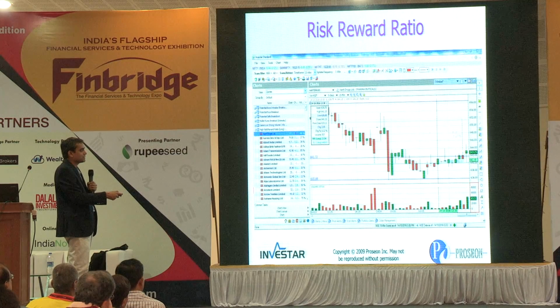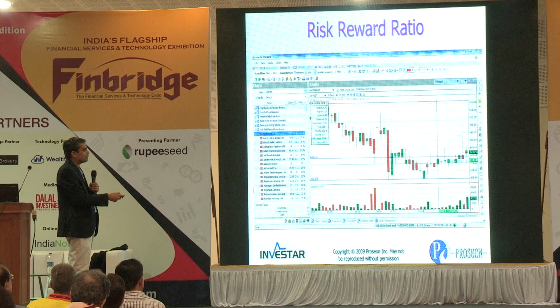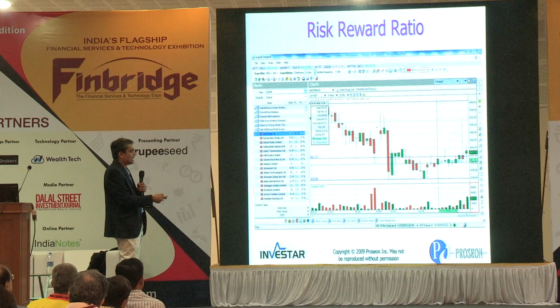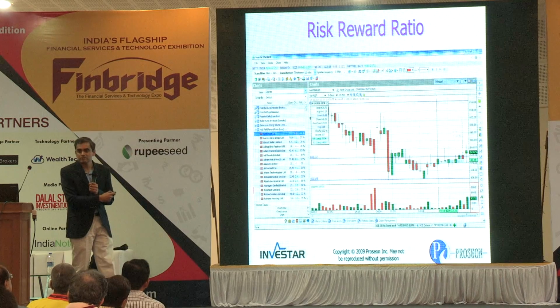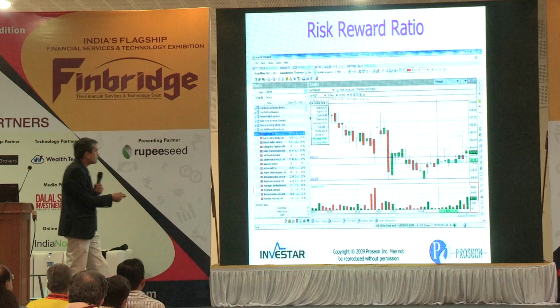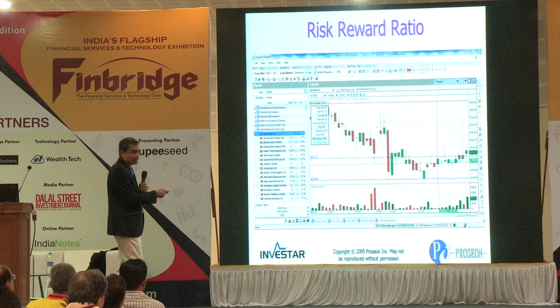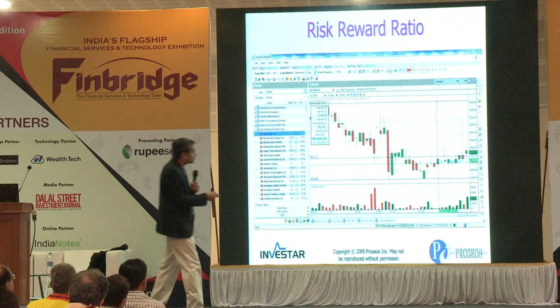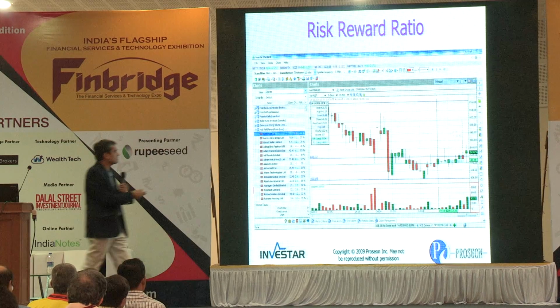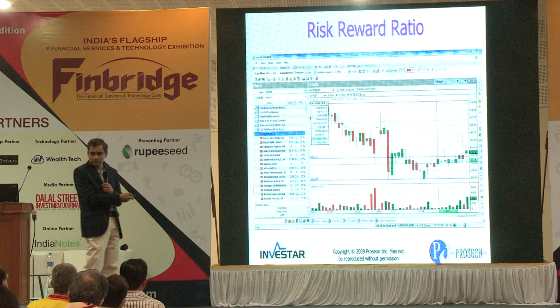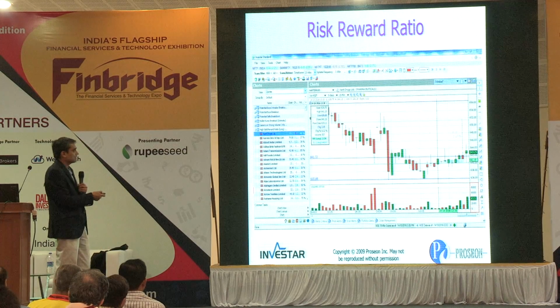So the reward is 1.27%, and the risk is 0.5%. The stop loss, if I'm putting, is 0.5%. So that's why we are giving you here this value of, I think, 2.54, basically double of what this is, right? It's not very readable, but it's 2.54. So that's a good risk reward ratio.